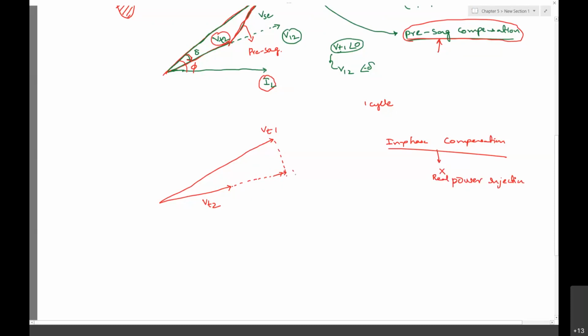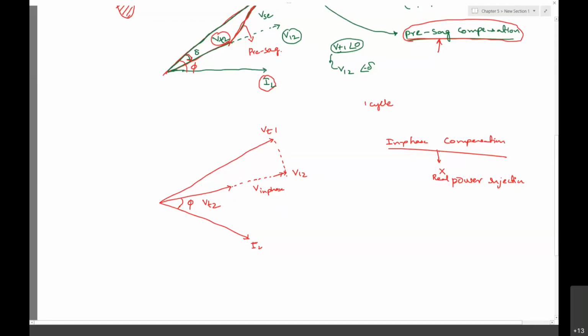Because with respect to VL2, after injecting the in-phase voltage compensation, the load current is going to be fixed. Maybe the load current is like this. This is a kind of in-phase compensation also.